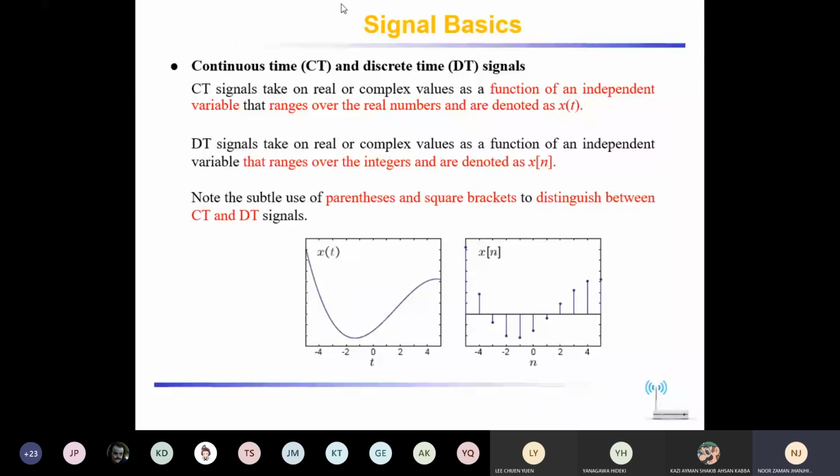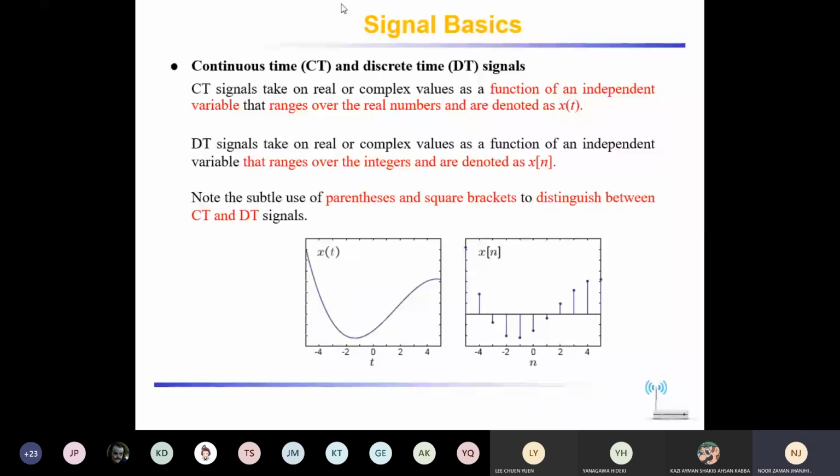CT signals take on a real or complex value as a function of an independent variable that ranges over the real numbers, so they move in a continuous pattern. But DT signals take on real or complex values as a function of an independent variable that ranges over the integers, and are denoted by x of n.